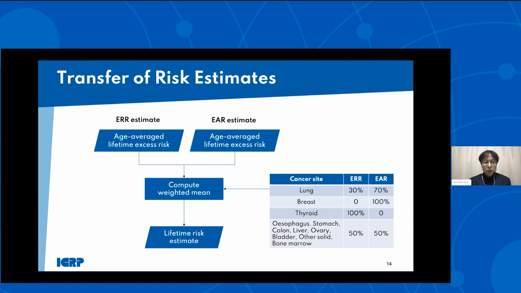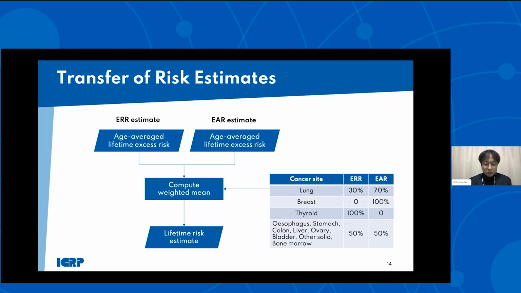To address this issue, ERR estimate and EAR estimate was averaged as a weighted mean. And weight was different depending on the cancer sites.